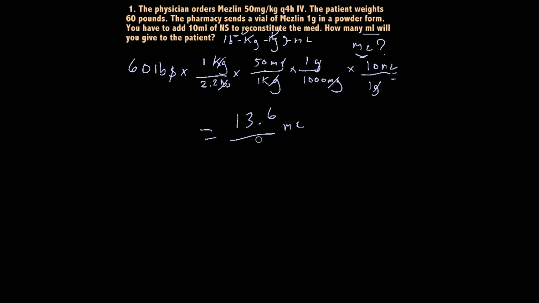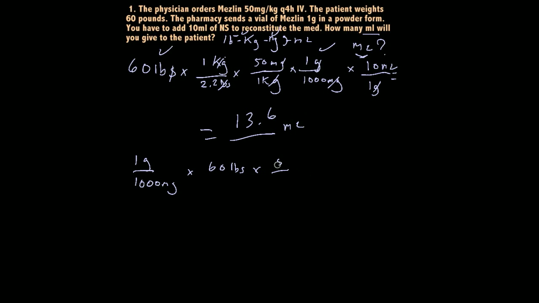All right, so I'm just going to show you on this video real quick that, again, it doesn't matter what order you do this in. Let's say I started with the grams here. Let's say I have 1 gram over 1,000 milligrams, times, next I'll do the pounds, times 60 pounds. Next I'll do the milligrams and kilograms.